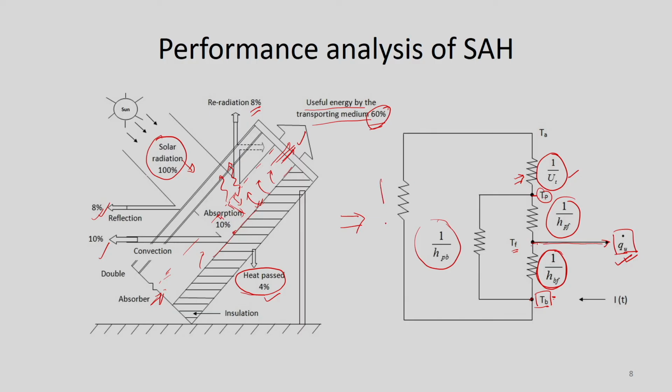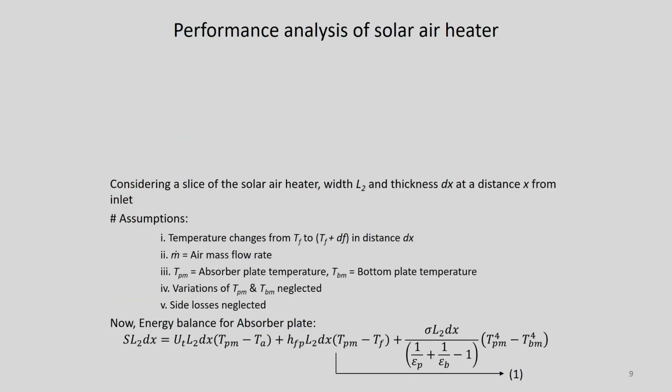And then finally, we can estimate the amount of thermal resistance, that is the overall thermal resistance, or what we can say the total loss coefficient, right. So, this way we can calculate, and it also tells the kind of heat transfer that takes place in this solar air heater, right. Now, let us study the performance of a solar air heater. Okay. So, we will follow the analysis proposed by Wheeler.